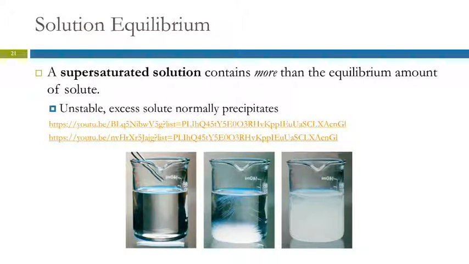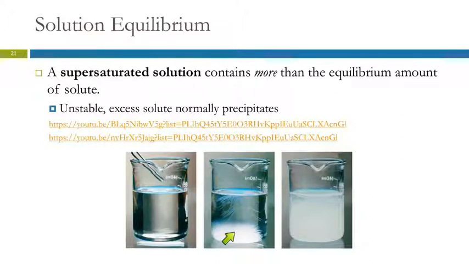A supersaturated solution is unstable, and normally the excess solute will precipitate. So here we've got a supersaturated solution. This is generally prepared by dissolving the solute in the solvent at an elevated temperature, and then allowing it to cool undisturbed without any nucleation sites.